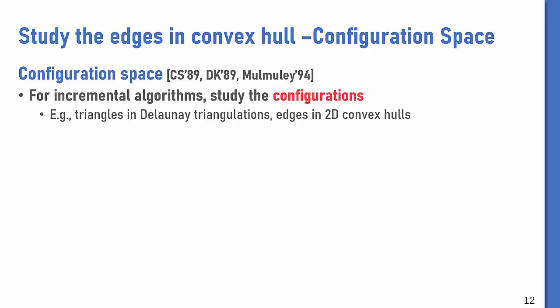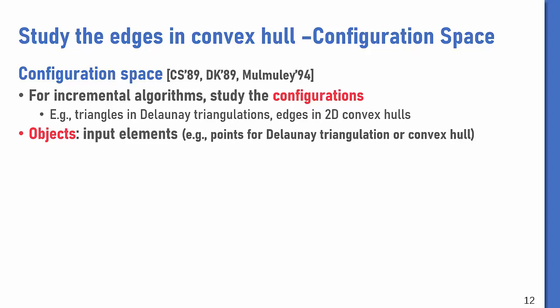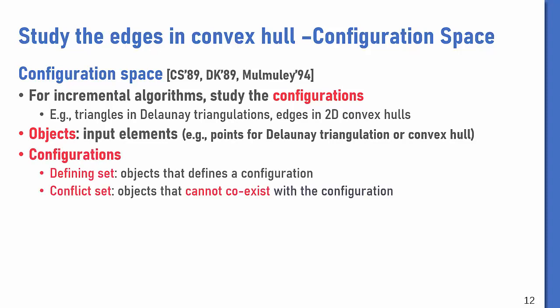The configurations can be triangles in Delaunay triangulation or the edges in 2D convex hulls. In configuration space, we have a set of input objects, and a configuration is defined on a subset of objects. A configuration has a defining set, which are the objects that define the configuration, and a conflict set, which are the objects that cannot coexist with this configuration.